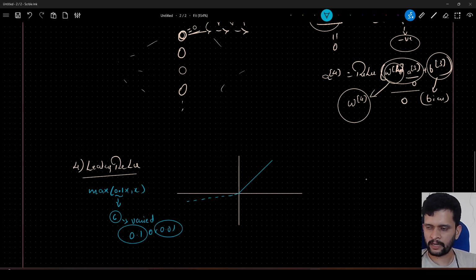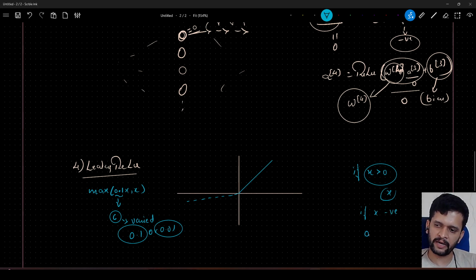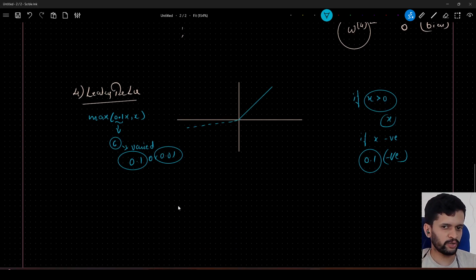So what happens if x is greater than 0? We will always get x. If x is negative, we will have this multiplied with some small number instead of turning it to 0, right? So that's why we have this small sloped line towards the negative axis of x. So this is what LeakyReLu does.